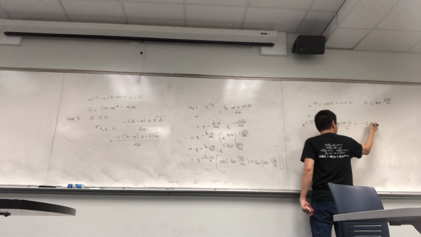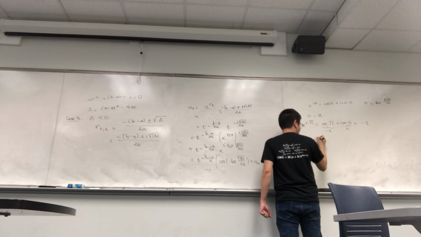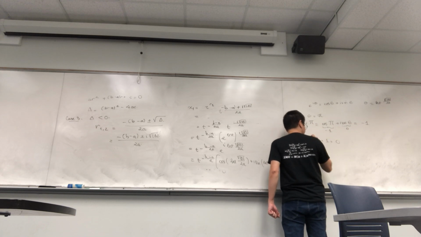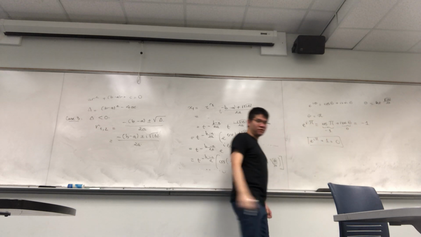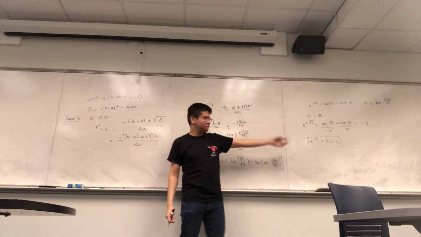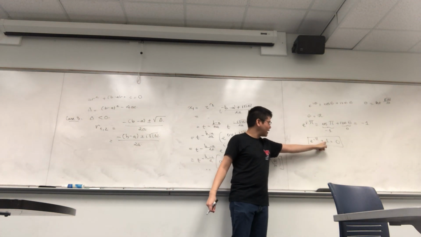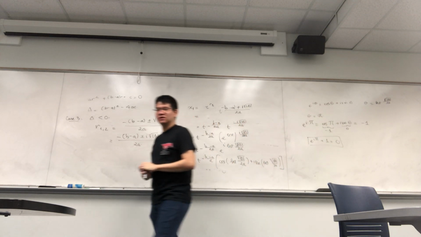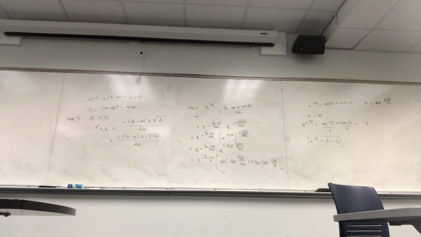So you have minus 1, which means that e to the i pi plus 1 is 0. In this formula you have all of the important numbers: e, i, pi, 1, 0. Any questions? If not, I'll explain again.